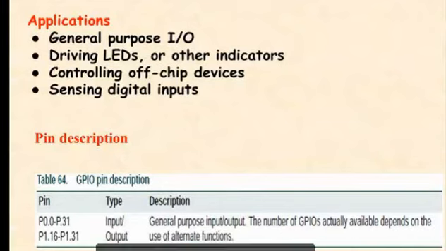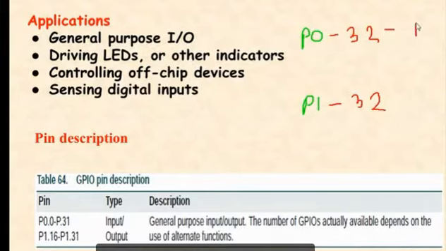Applications: general purpose input output, driving LEDs, other indicators, controlling devices, sensing digital pins. So in ARM there are two ports, P0 and P1. This is 32 bit, this is also 32 bit.